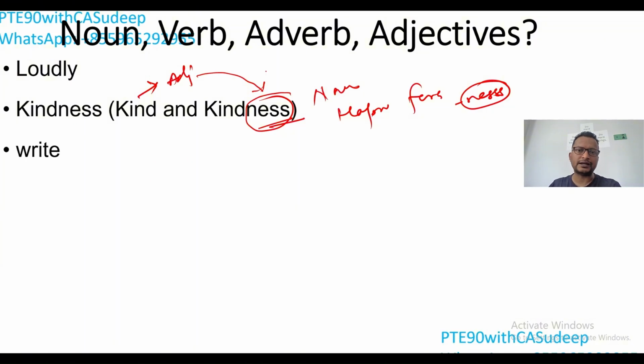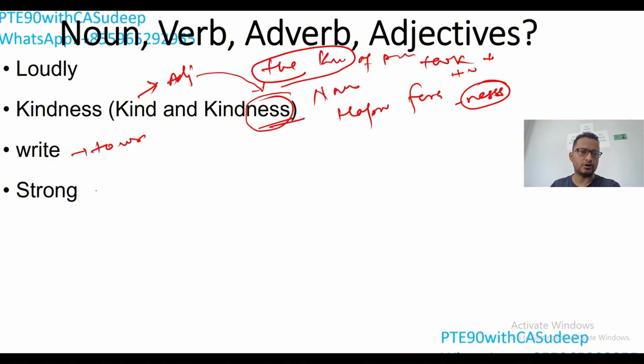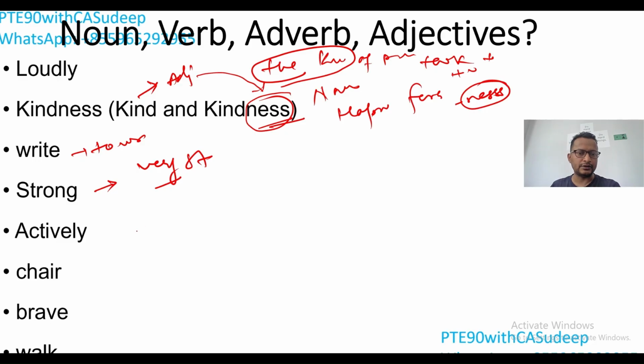Or for example, the kindness of the president took us to a positive outcome. See, the kindness, it is perfectly making sense, right? So to right. Then this is verb. Strong, very strong, right? Very strong. So this is adjective. And then similarly you can practice this one, right?